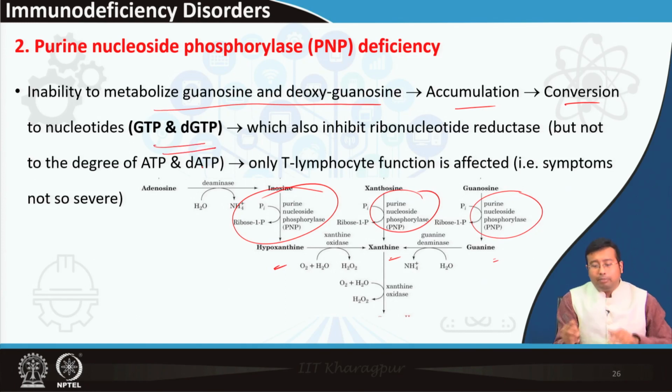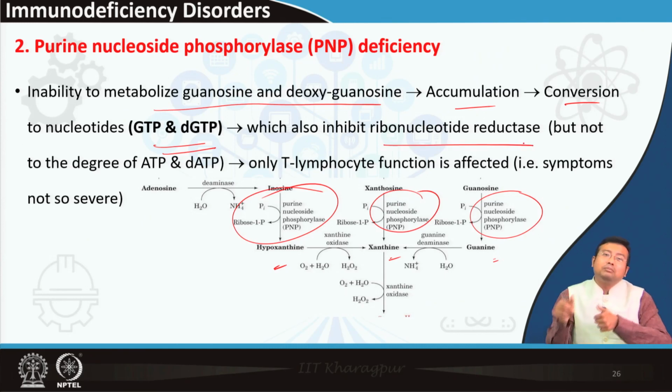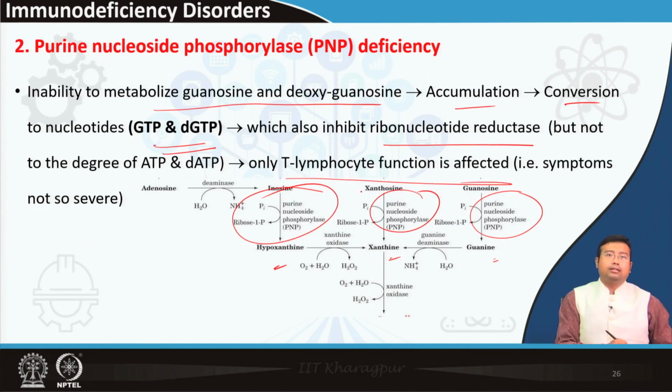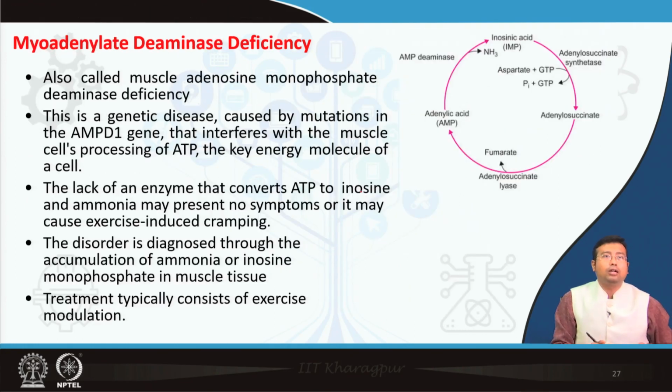They also inhibit ribonucleotide reductase. The mechanism is the same as ADA deficiency, but it is much less severe. Only T lymphocyte function is affected, whereas in ADA deficiency both T and B lymphocytes are affected, causing severe immunodeficiency. Here it is mild immunodeficiency, but both nevertheless fall into immunodeficiency disorders.